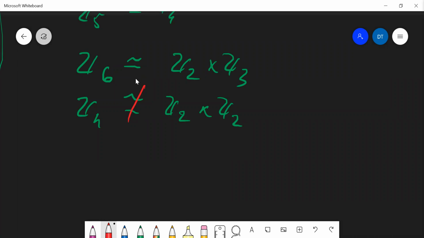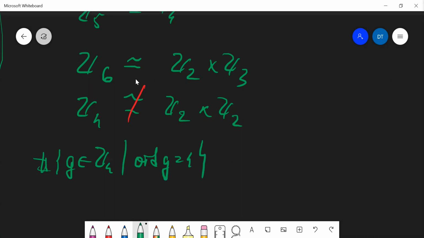But if this is the same group, then the number of elements of a specific order must be the same. So if you compute the number of elements from Z4 of order 4, this number must be exactly the same as the number of elements of order 4 from this product. Why?